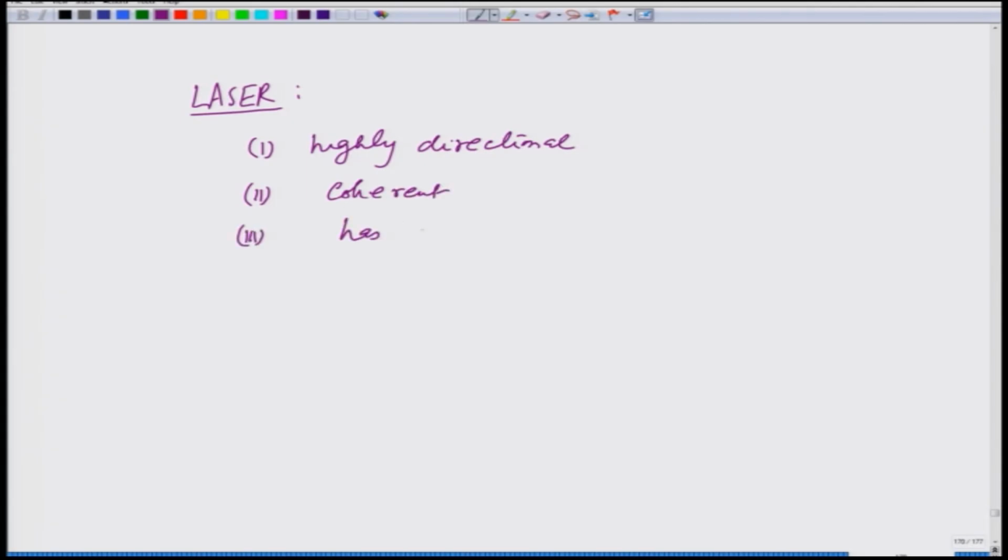Laser is a light which is highly directional, coherent, has minimum possible spread set by the diffraction limit, and also one thing I forgot to mention is highly monochromatic.